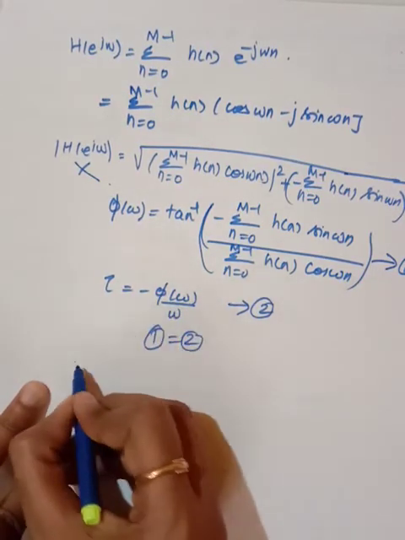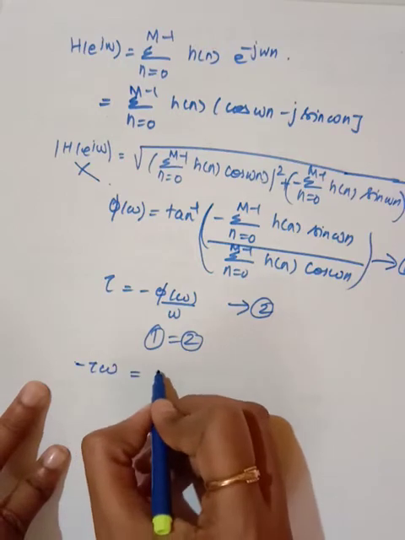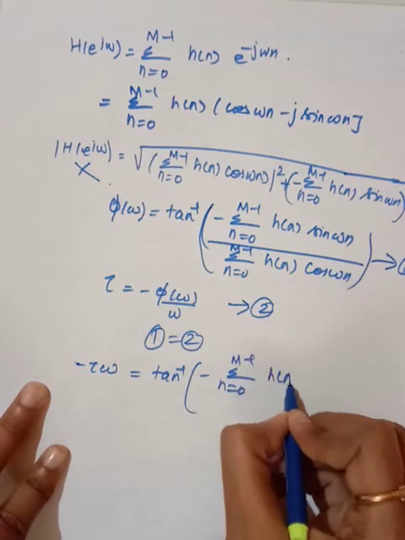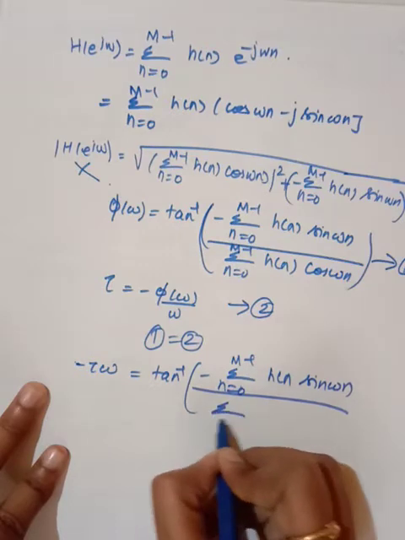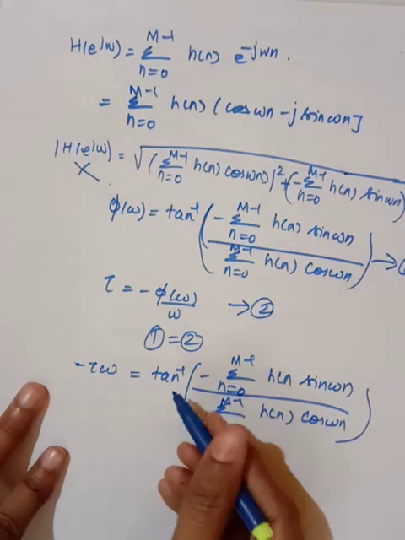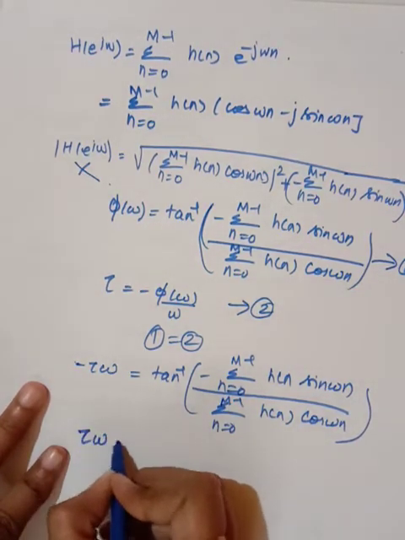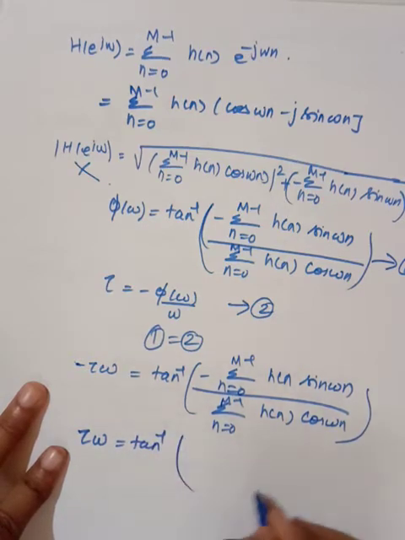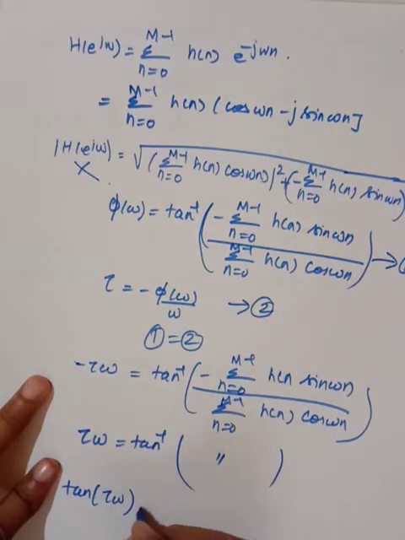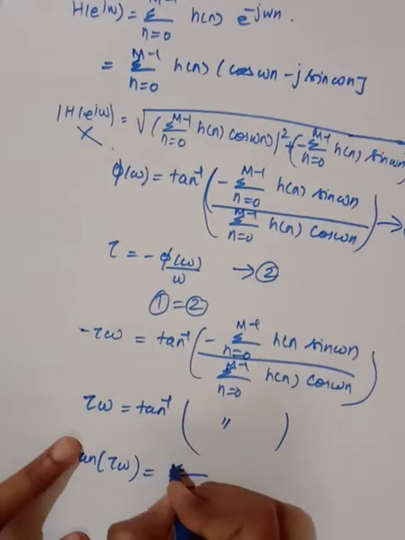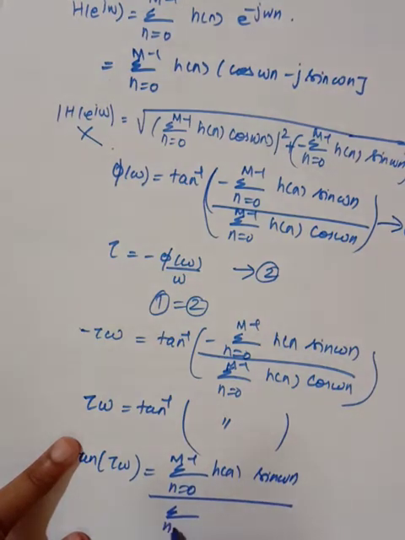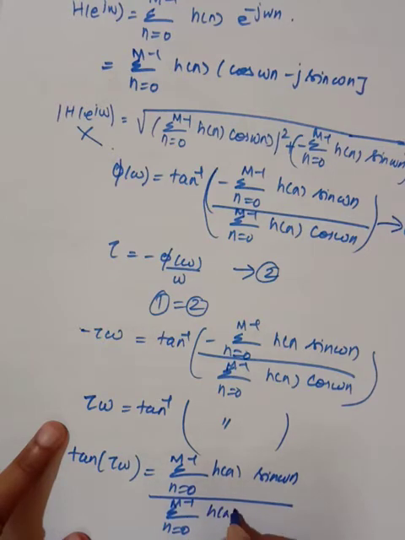I need only phi of omega, so minus tau omega is equal to tan inverse of minus summation n is equal to 0 to M minus 1 h of n sin omega n divided by summation n is equal to 0 to M minus 1 h of n cos omega n. Tan inverse of minus theta is minus theta, so tau omega can be represented as tan inverse of the same thing. Taking tan inverse to this side, tan of tau omega is equal to summation n is equal to 0 to M minus 1 h of n sin omega n divided by summation n is equal to 0 to M minus 1 h of n cos omega n.